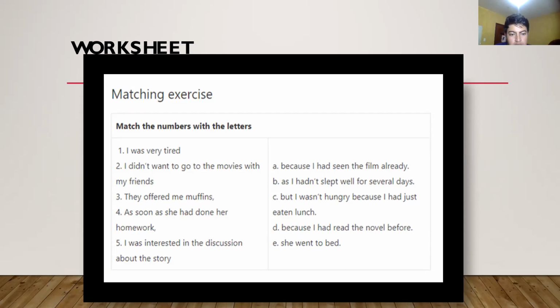For example, we have: I didn't want to go to the movies with my friends. We see in this column A, B, C, D, E that it is because I had seen the film already.